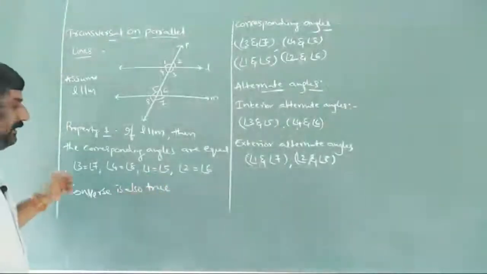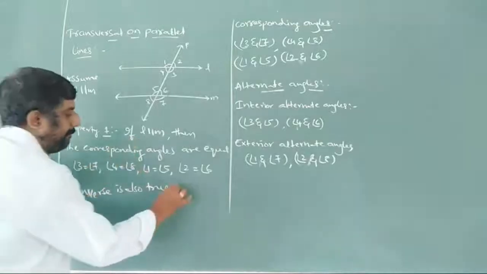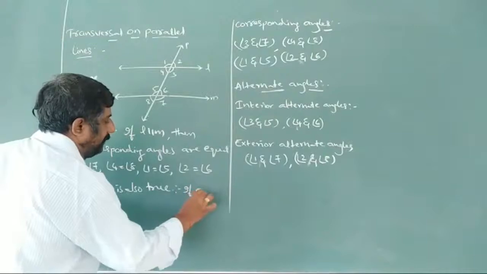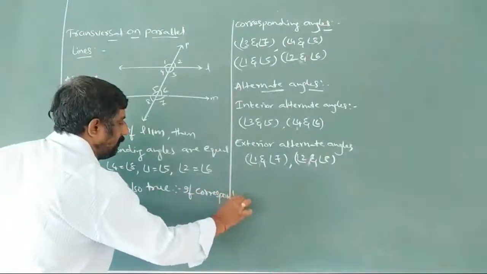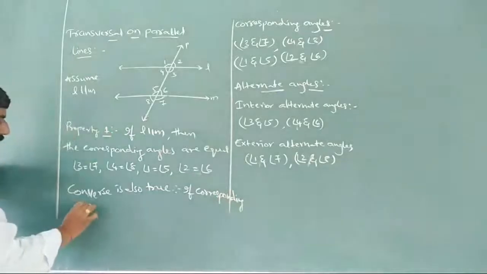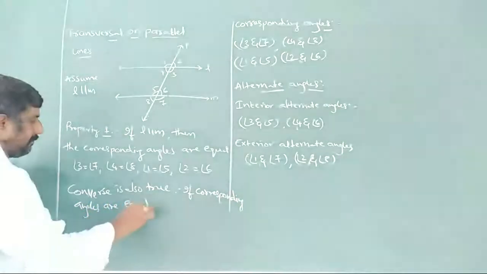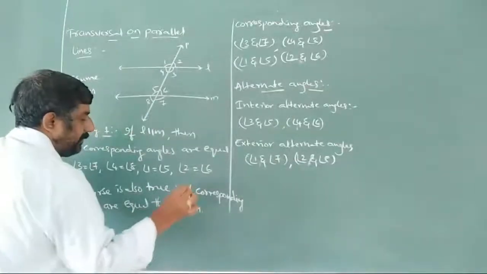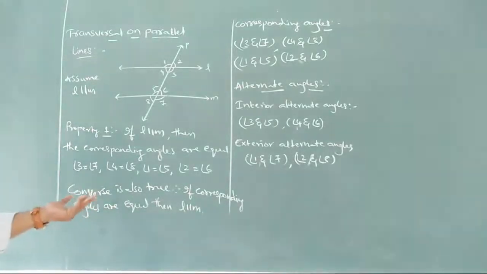What is the converse saying? If corresponding angles are equal, then L is parallel to M. Next, property number 2.